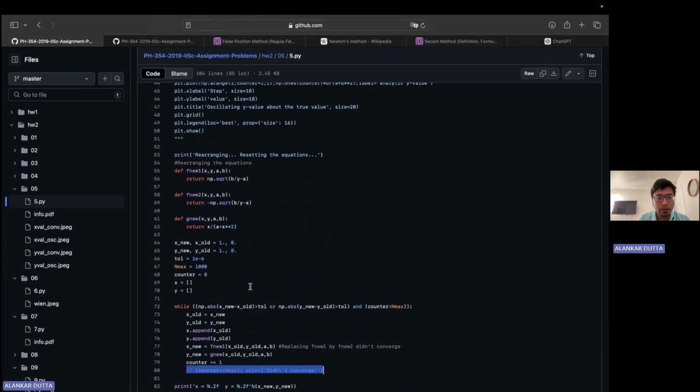So minus, okay, so it's minus square root of this. And x by a plus x square. So g nu is x by a plus x square.